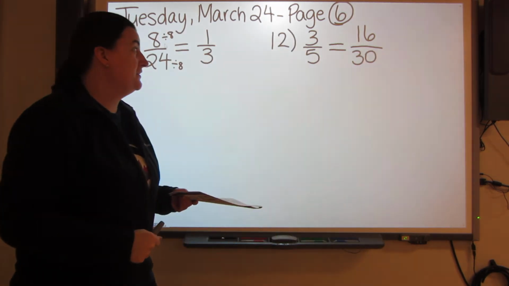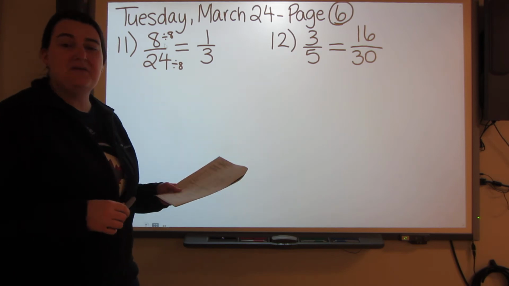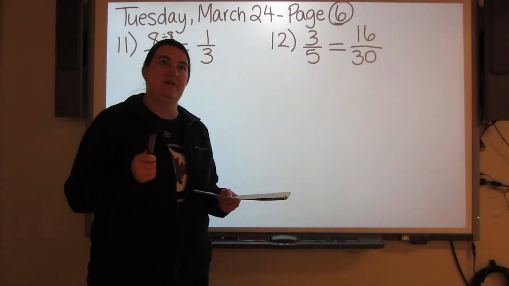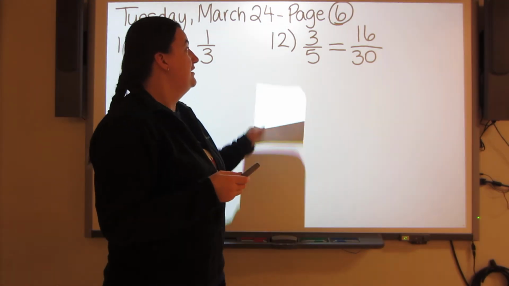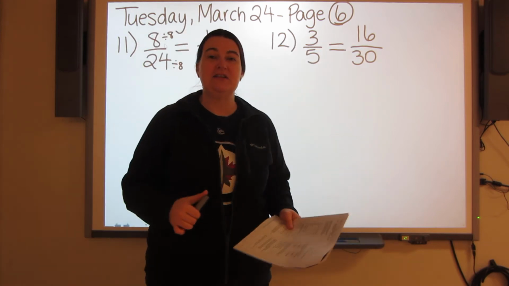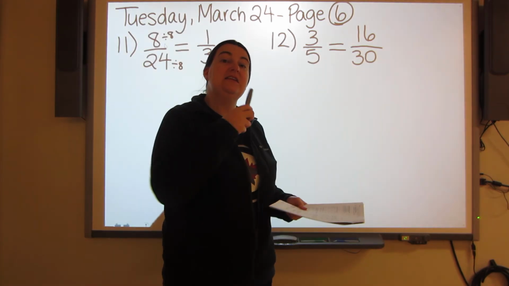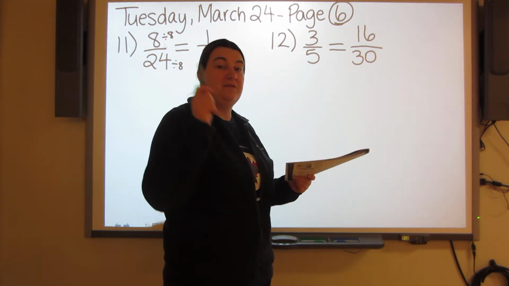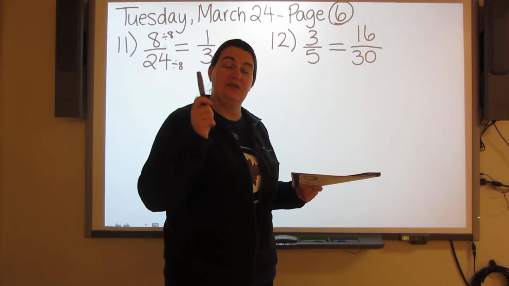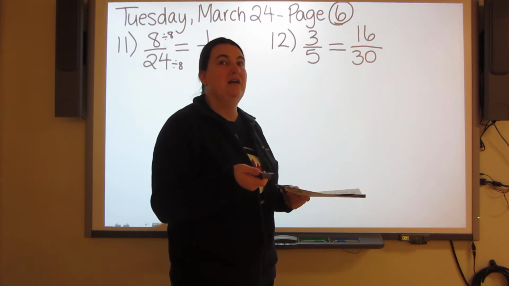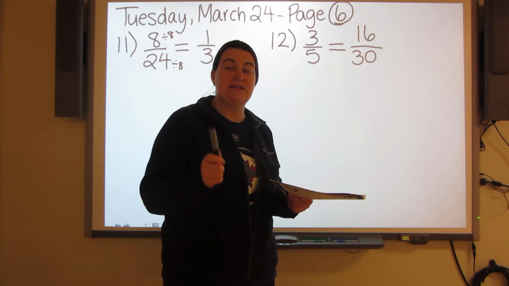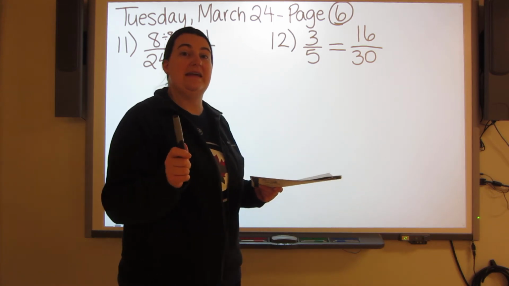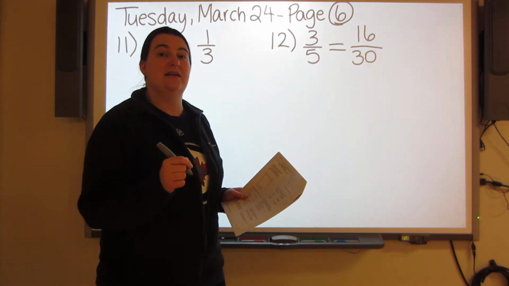All right, so first of all, I know right away that this is not an equivalent ratio because 3 cannot be turned into 16. 16 is not a multiple of 3, right? If you count up by 3s, or look down your multiplication chart, you go 3, 6, 9, 12, 15, 18, and 16 is not in there.